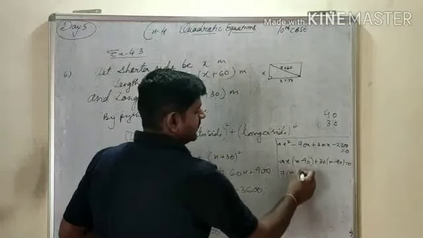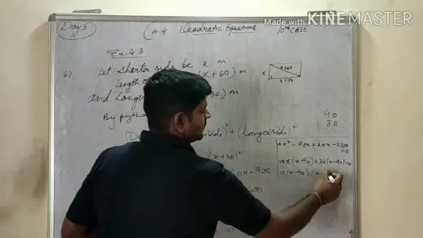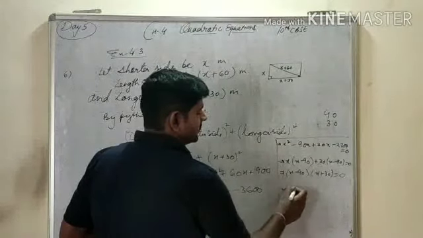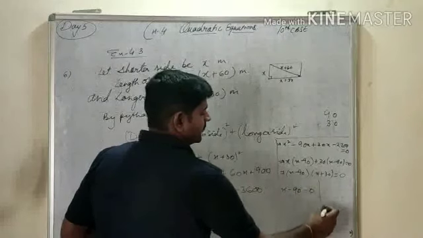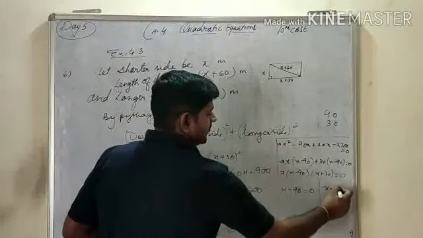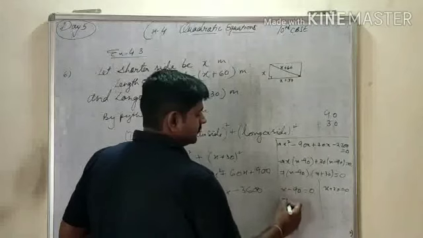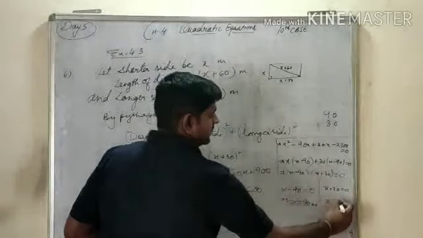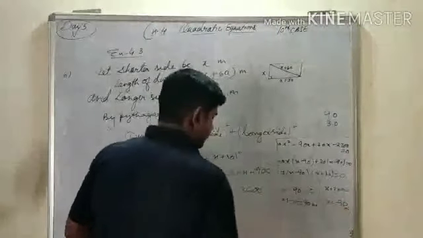Now x minus 90 and x plus 30. If we find, x minus 90 equals 0 and x plus 30 equals 0, so x equals 90 meter, and x equals minus 30 meter.